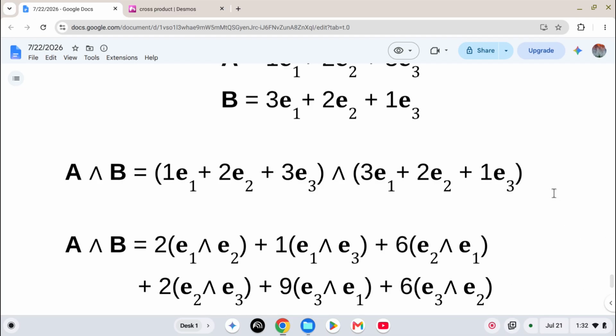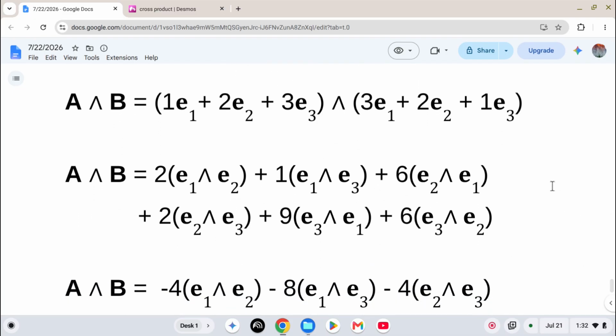Now remember the other rule, and that is that we can take the opposite of this. So here's E1 wedge E2, and here's E2 wedge E1. If we flip this, that becomes a negative. So we got 2 minus 6 is minus 4 E1 wedge E2. The same thing here. We got an E1 wedge E3. Well, here we got an E3 wedge E1.